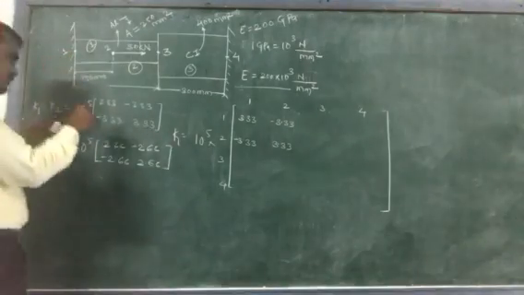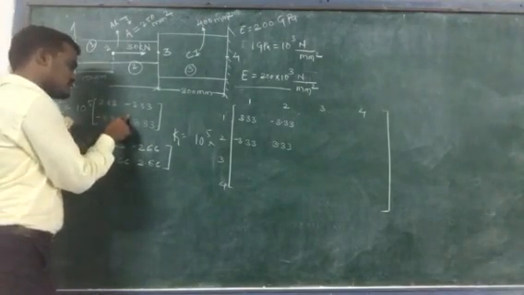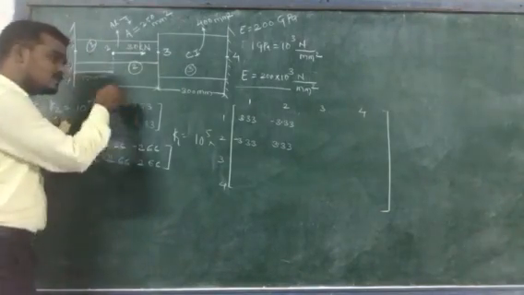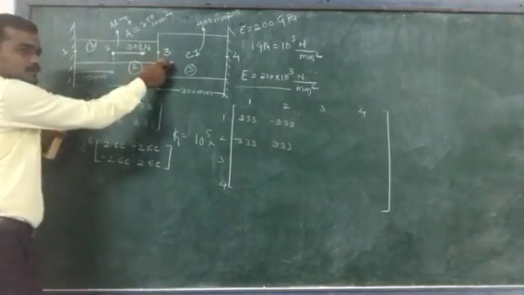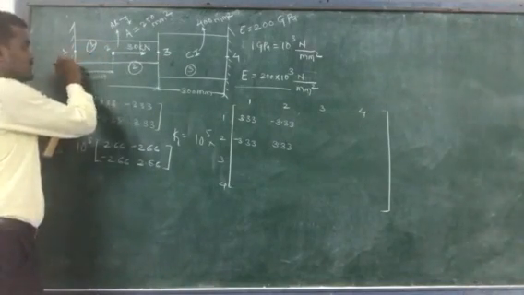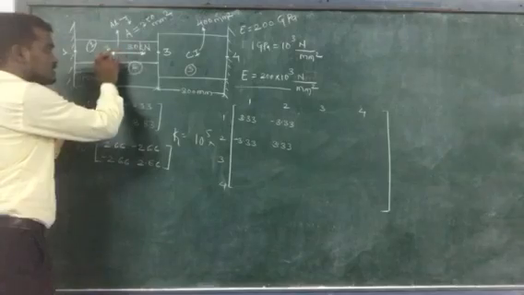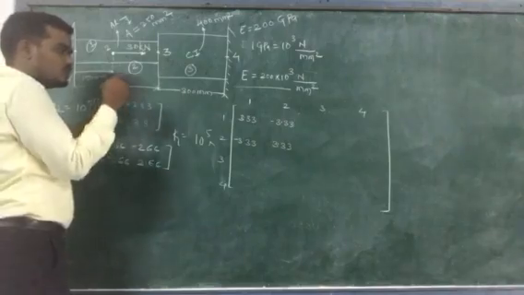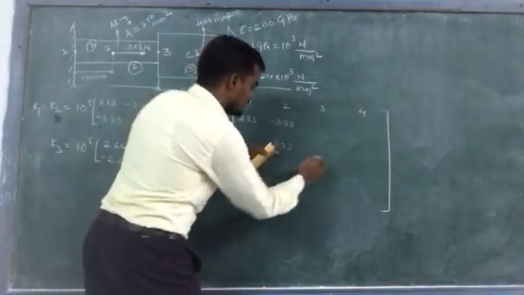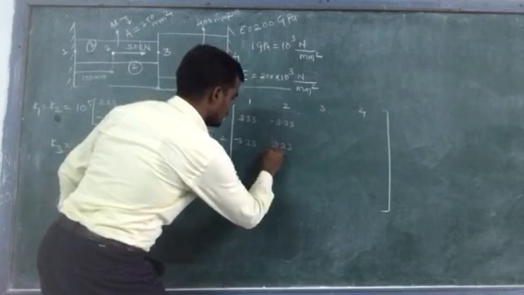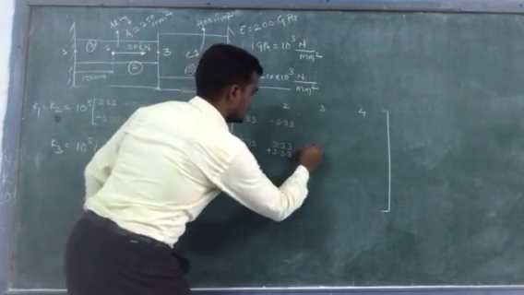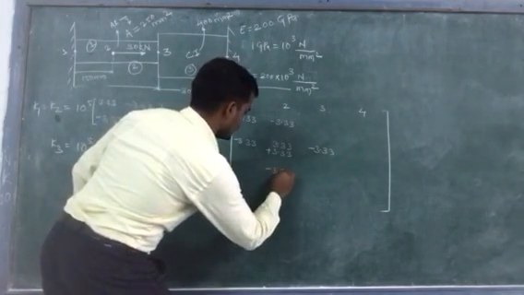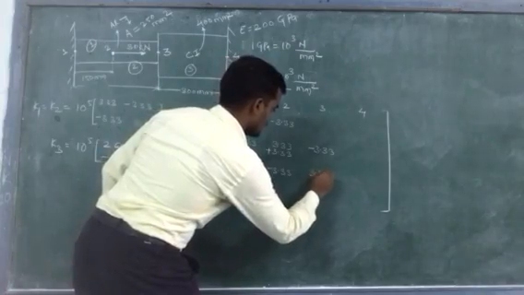The values for the second elemental stiffness matrix are the same as for the first. For the first element, the position is between 1 and 2, but for the second element, the position is between node 2 and node 3. So we need to write this elemental stiffness matrix between positions 2 and 3. So at position 2,2 it will become plus 3.33, minus 3.33, then minus 3.33 plus 3.33.